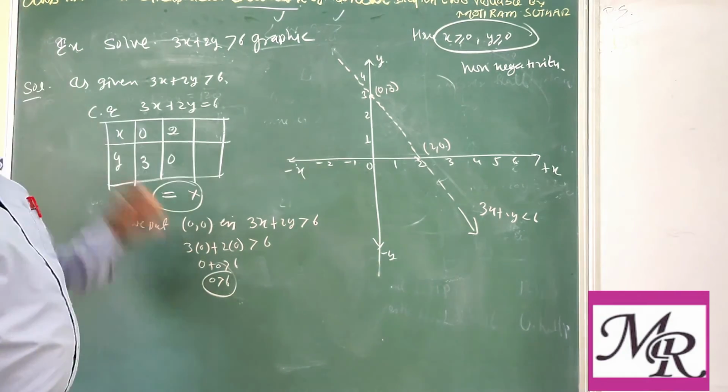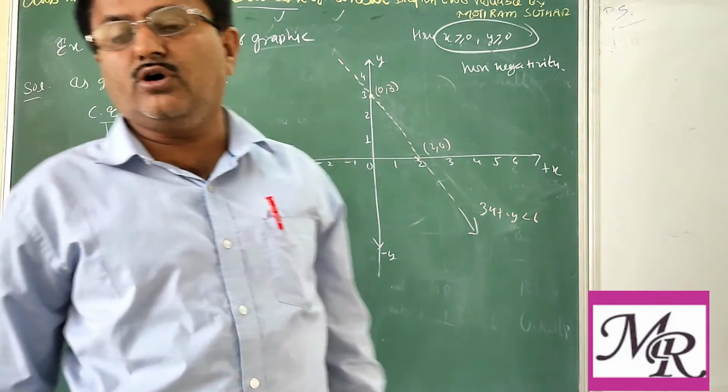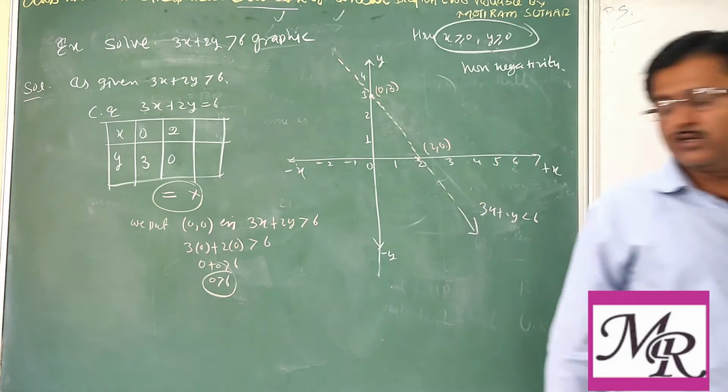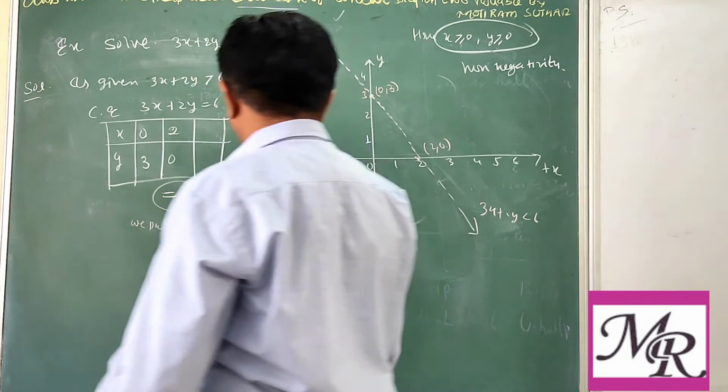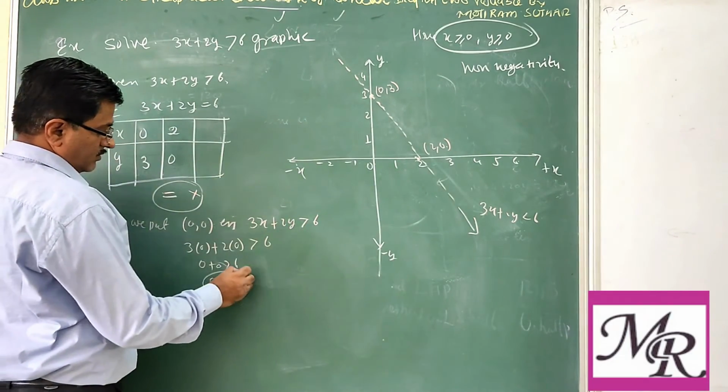So is this statement true or not? 0 is greater than 6. As we know, 0 is not greater than 6, so this is not true.